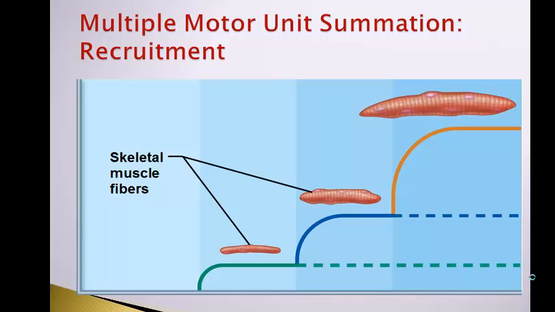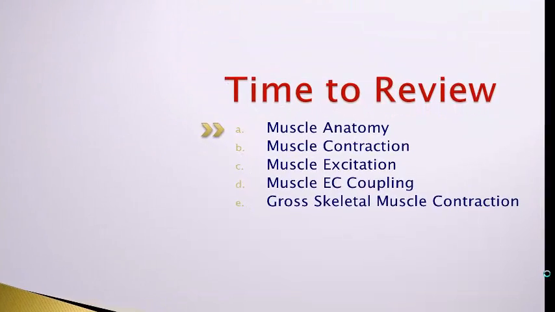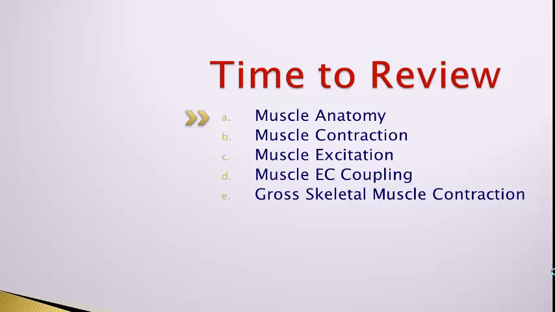And so I can switch them out sort of like we do with our armies, so that we can give the ones that have fatigued rest while we're bringing the rested ones online. This is something known as recruitment, multi-motor unit summation known as recruitment. And it is, of the two, the most valuable one to be using if we're using those muscle contractions over a long period of time and need to sustain them.